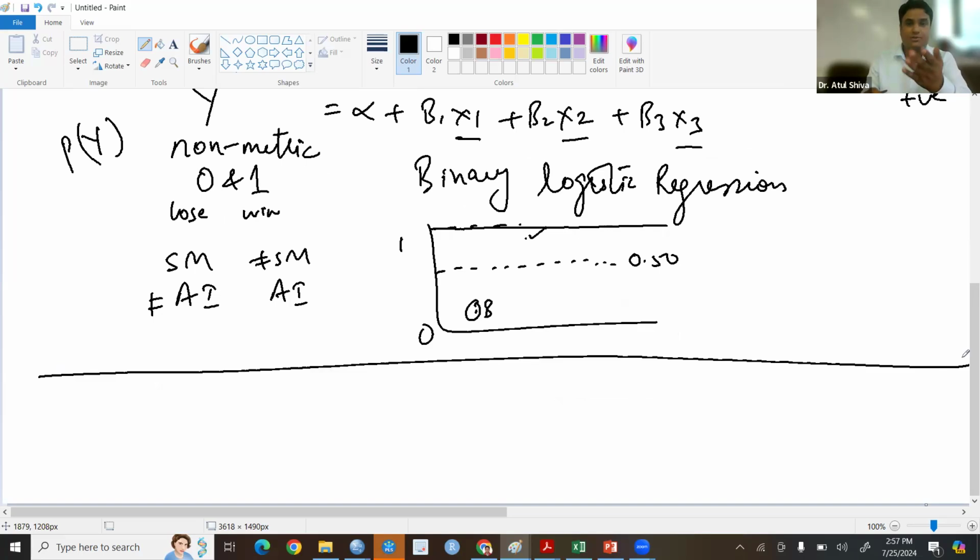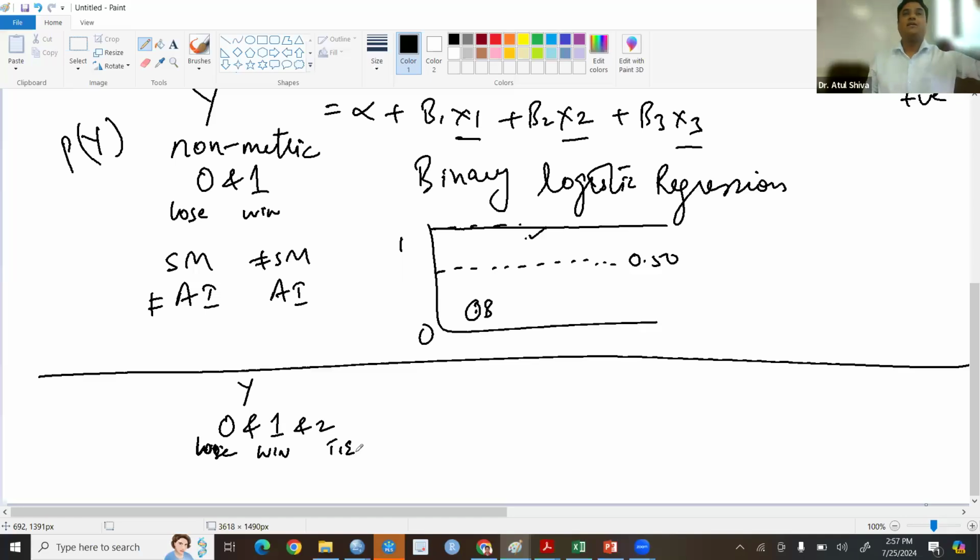Probit is the higher-order version of this binary. The other one is when your Y can have more than two categories, 0, 1 and 2. I mean, 0 means India will lose the match, 1 means win the match, 2 means tie. It can tie also.